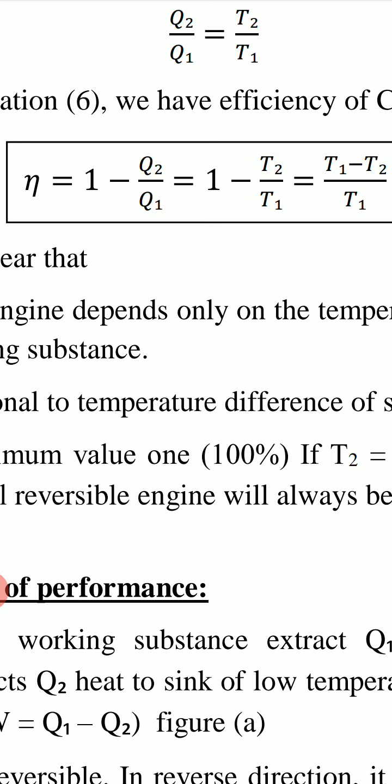T2 equal to 0 is not possible. So 100% efficiency is not possible. Efficiency will always be less than 1 or less than 100%.